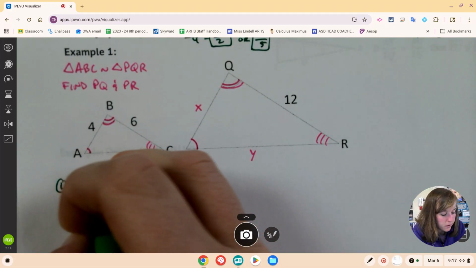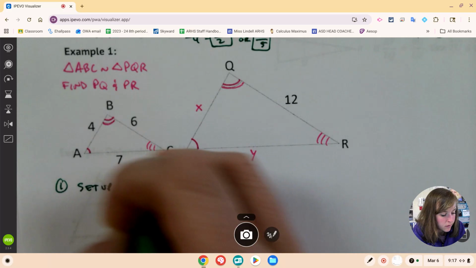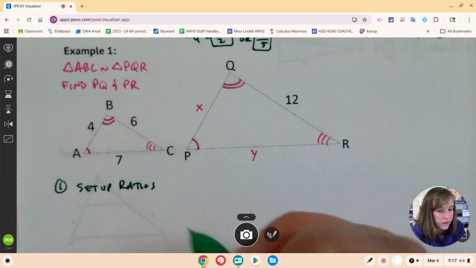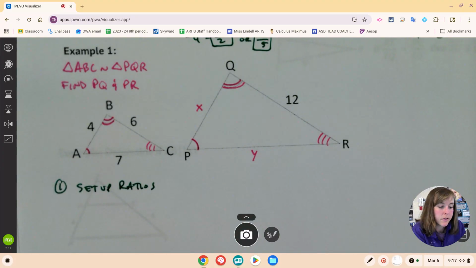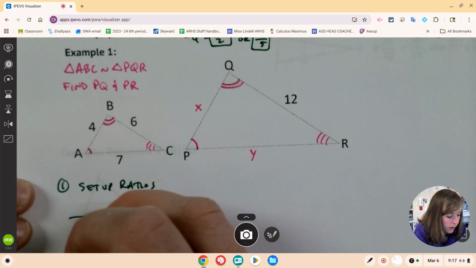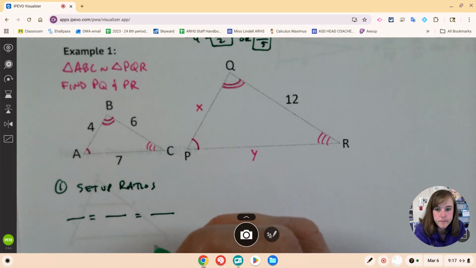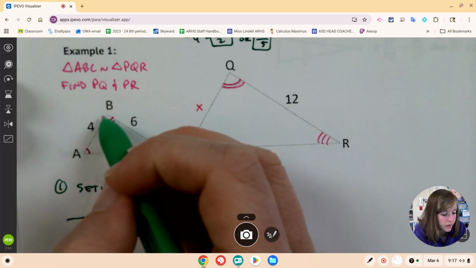So step 1, set up the ratios. Since I have 3 sides on each triangle, I'm going to need 3 ratios, kind of like we had on the problem up above. So we're going to have something that looks like this. Okay, so starting with AB.